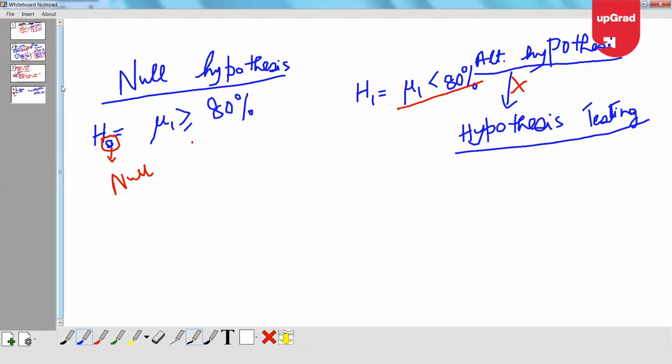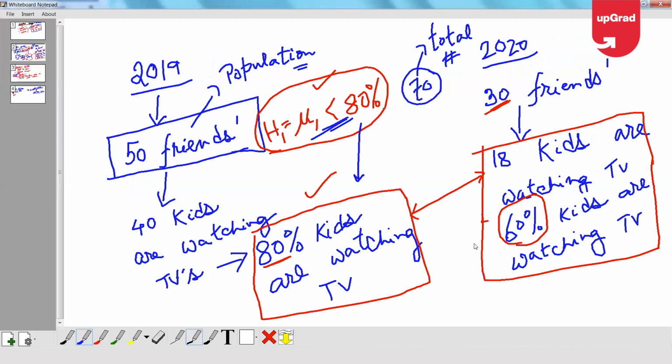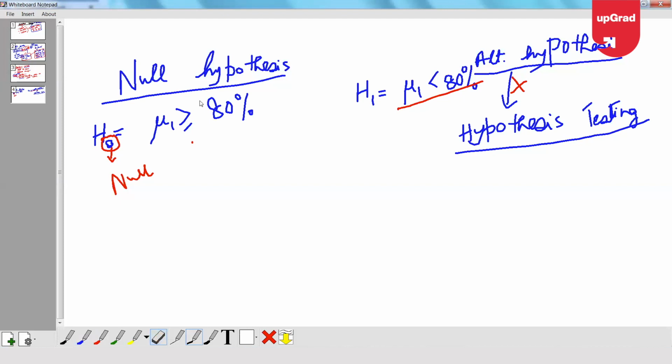Now in this case, if you look at these two, it's not possible that it will be greater than 80. So worst case scenario, it can be equal to 80, but cannot be greater. So let's make it equal.